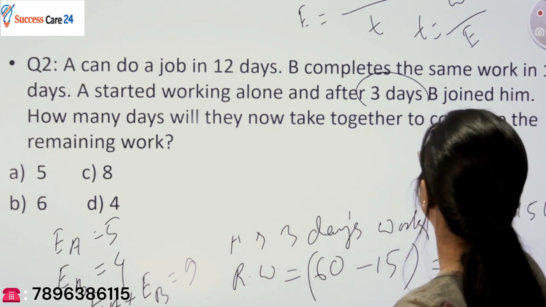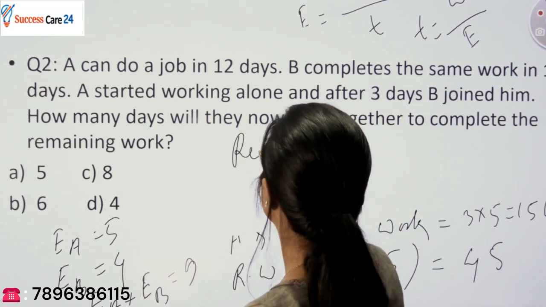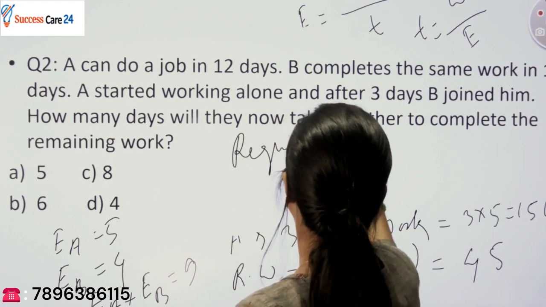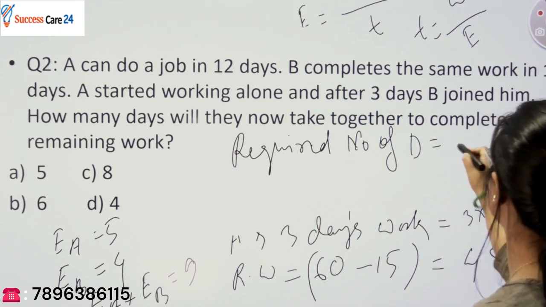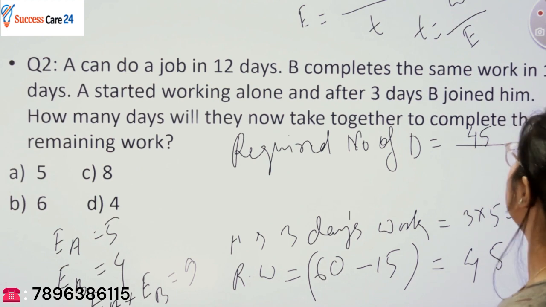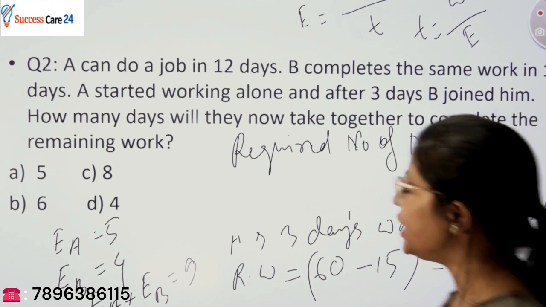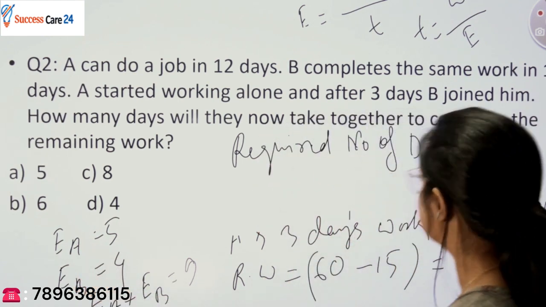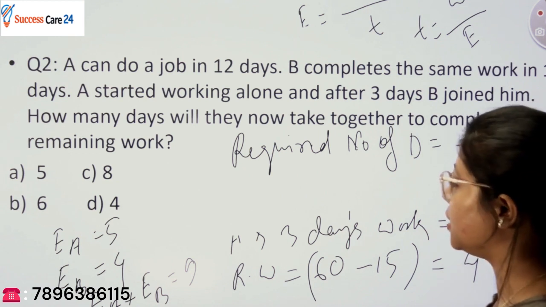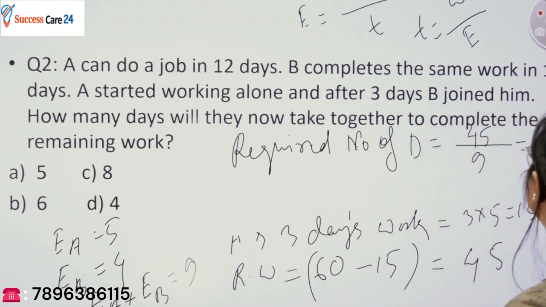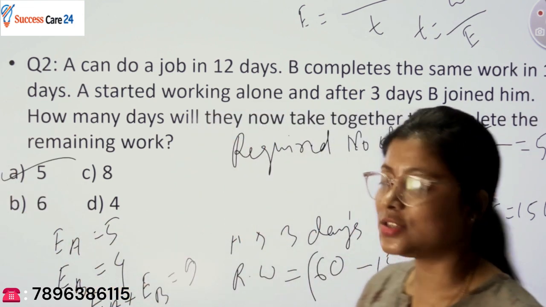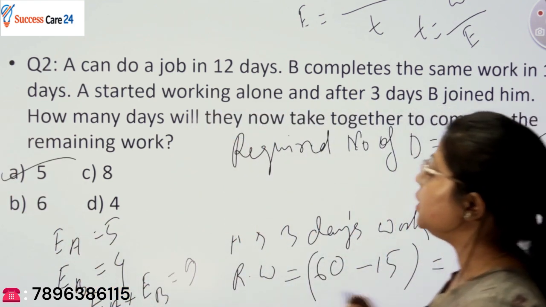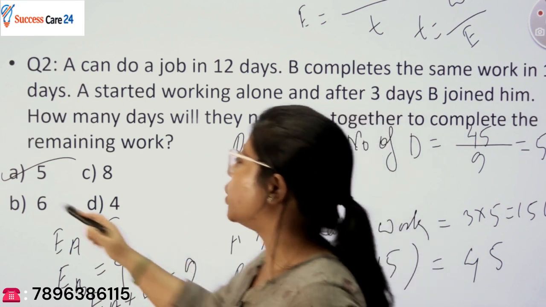So the required number of days is equal to the remaining work, 45, divided by the combined efficiency of A and B, which is 9. So it will give 5. Is there any option? Yes, option A. So A and B together will complete the remaining work in 5 days.